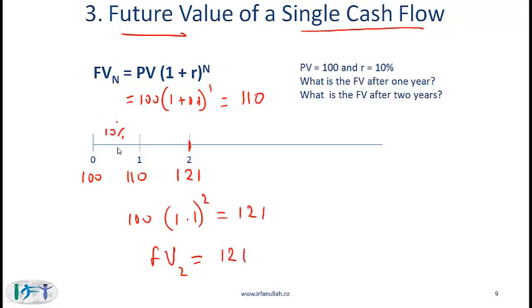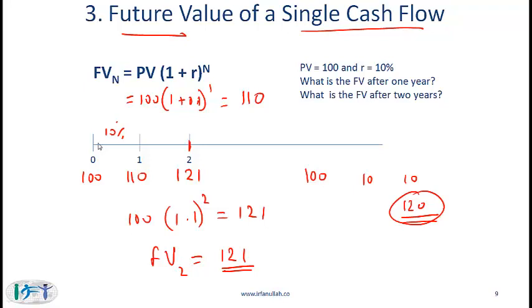Notice the following. If we only had simple interest, where 100 is invested, then in year 1 the interest would be 10, in year 2 the interest would be 10, and at the end of 2 years we would have 120. So why is there a difference between 120 and the future value of 121 that we have calculated using this formula? The answer is because of compounding.